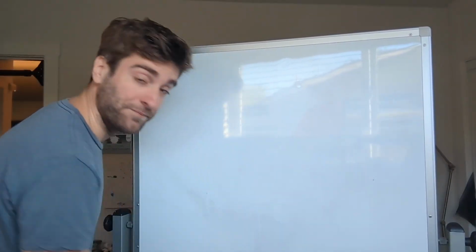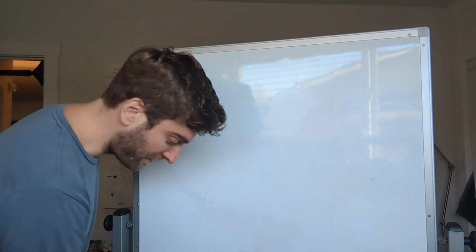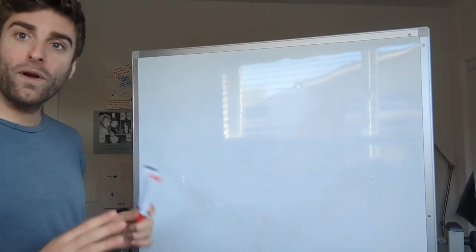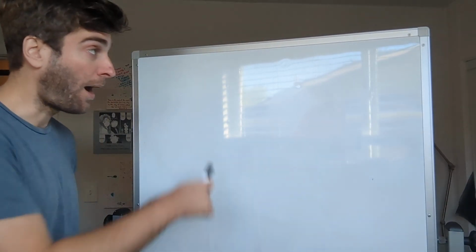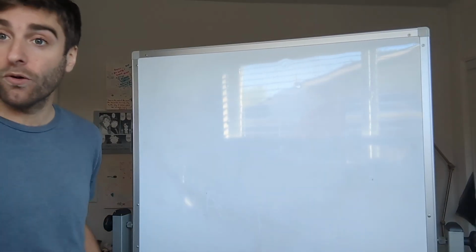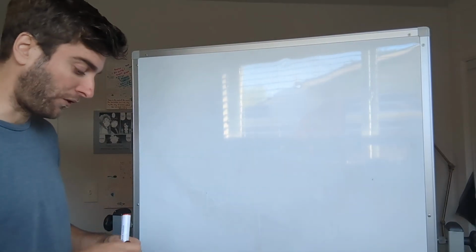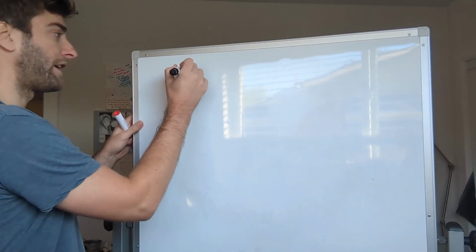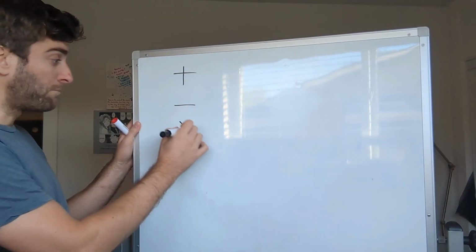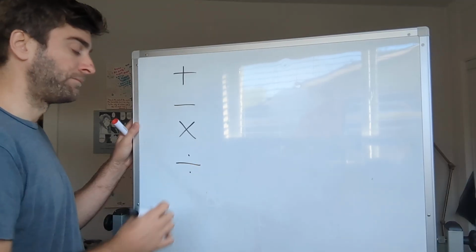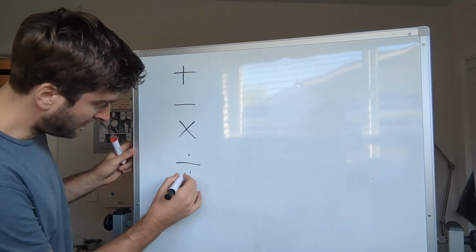The second thing is opposite operations. We're always going to be using our opposite operations. I'm going to write down the main four operations we're going to be using in middle school. That's addition, subtraction, multiplication, and division.